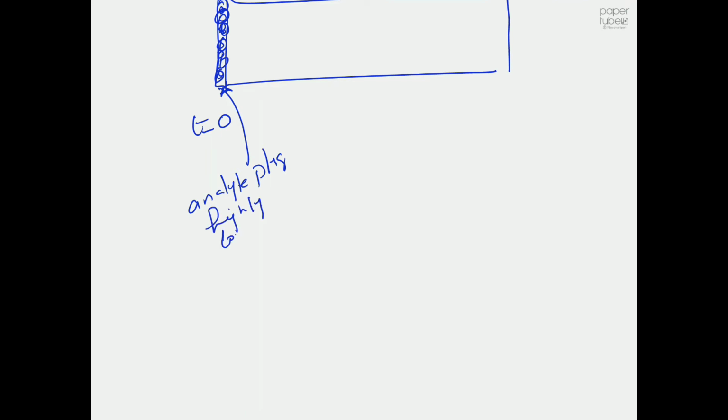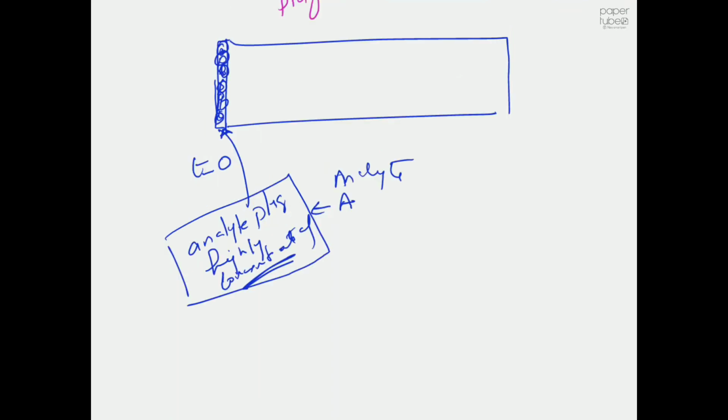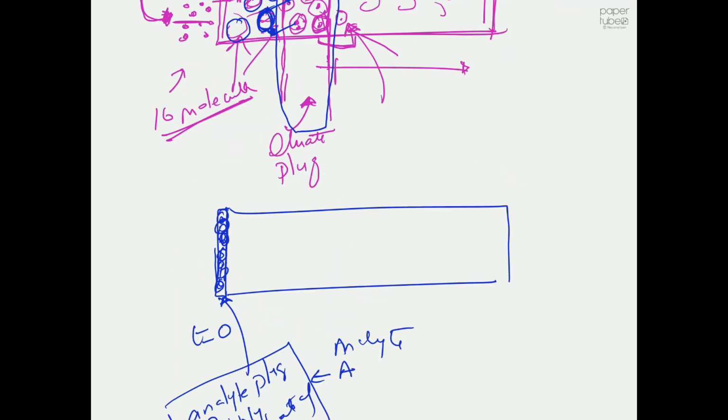This is nothing but the plant extract or pigment placed by Michael Tswett in his very first column chromatography experiments. So let's call it an analyte plug, highly concentrated, and it contains only analyte A.